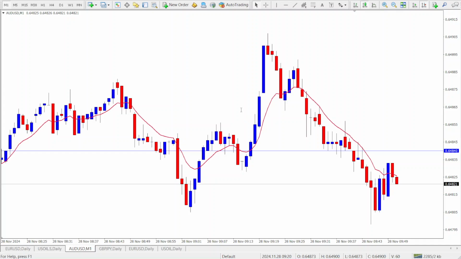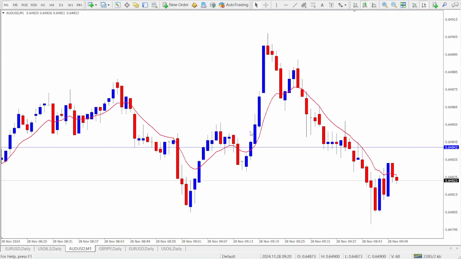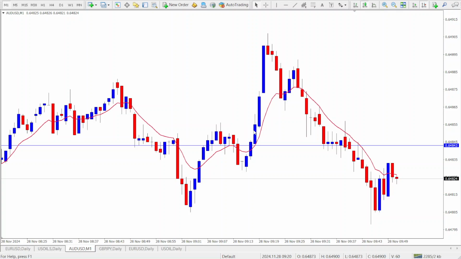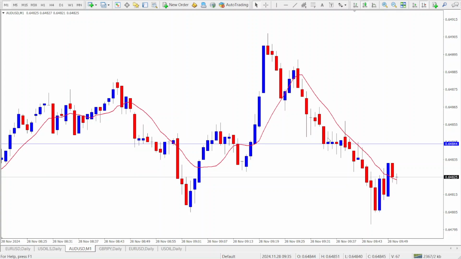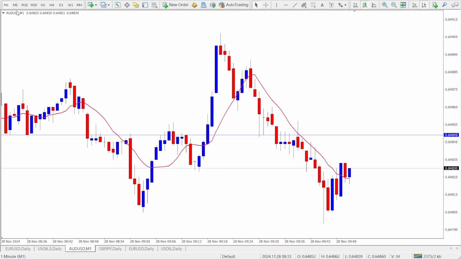For example, if we are using a 10-period SMA, it takes the last 10 closing prices, so long as your setting is applied to close, because you can apply to open, high, low, and the rest of them. So it is calculated by taking the last 10 closing prices. For example, if you're on the 1 minute chart, it calculates the last 10 candles, which is going to be the last 10 minutes.